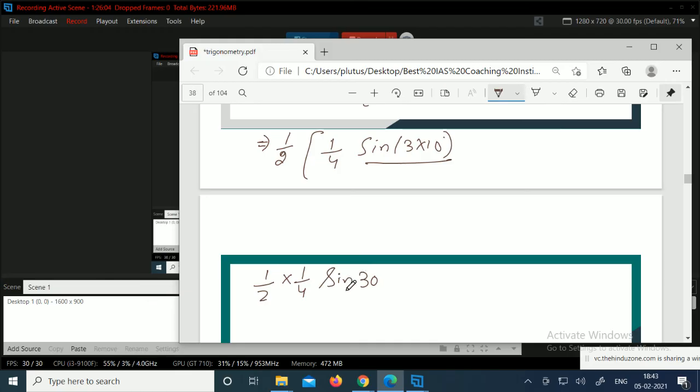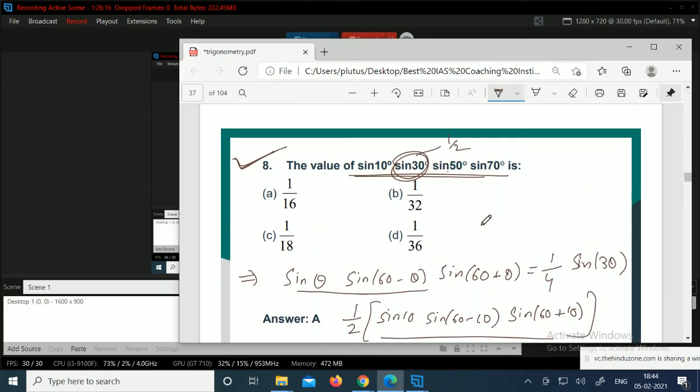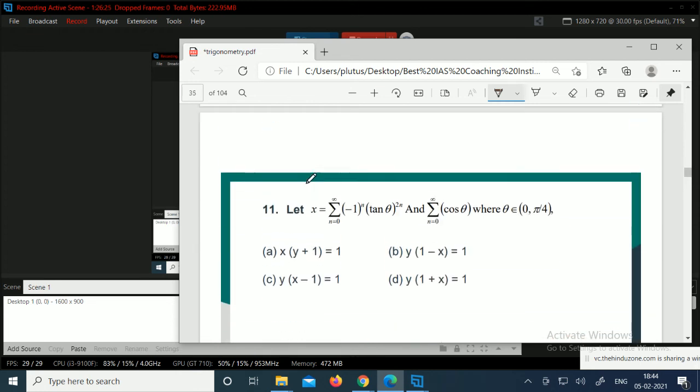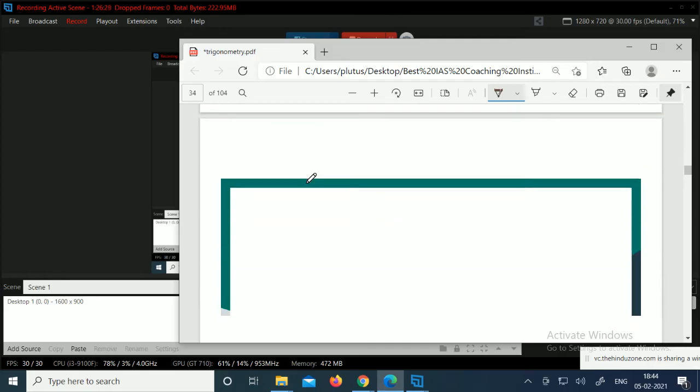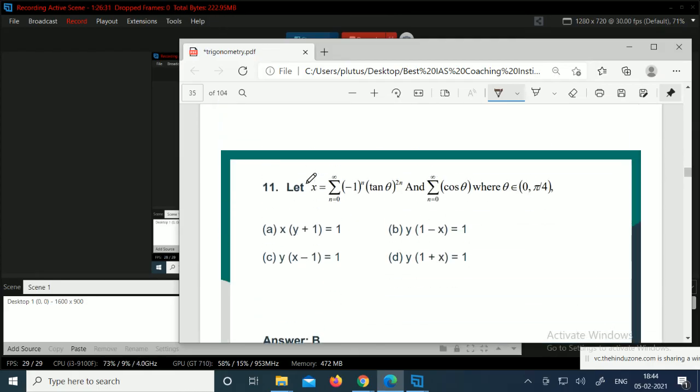So now again this is 1 by 2. So 1 by 2, 1 by 4 into 1 by 2. The whole value is 1 by 16. So our option is option A. Are you getting this? Okay. Now try to solve this question. Here the power is 2n.